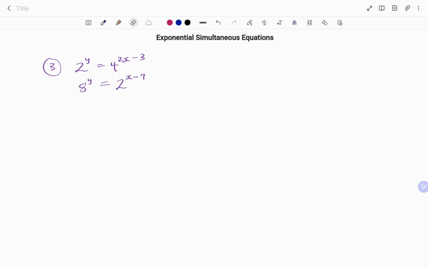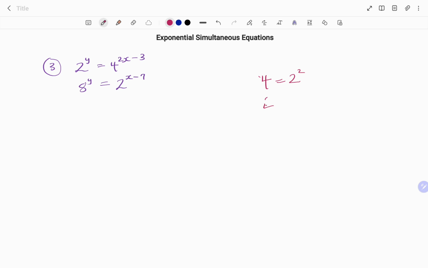In my last example, I have 2 to the power of y equals 4 to the power of 2x minus 3. And the second equation, 8 to the power of y equals 2 to the power of x minus 7. I'm going to change the bases to have the same base, which is 2. So 4 equals 2 squared.